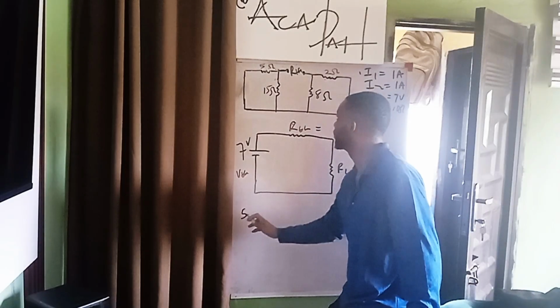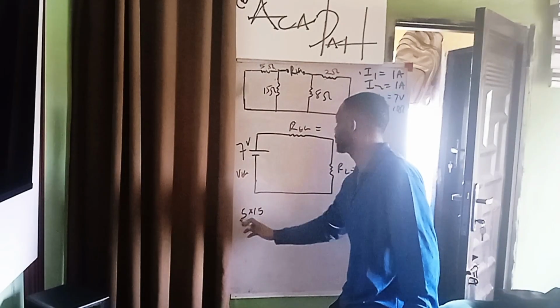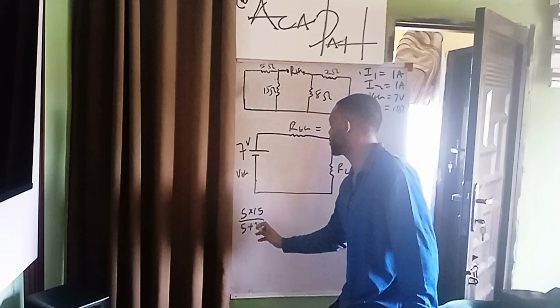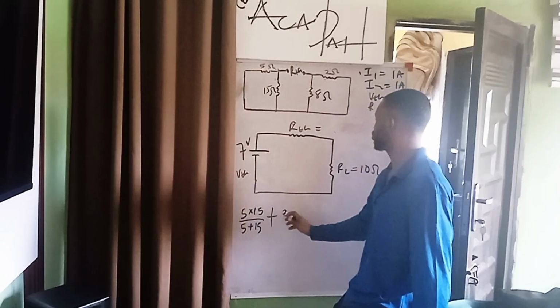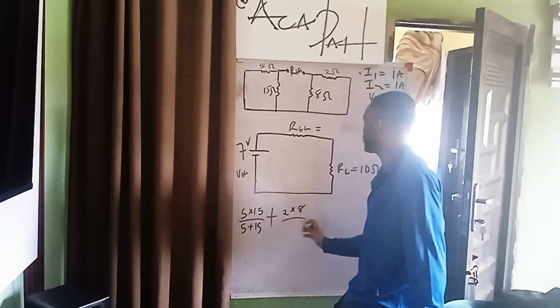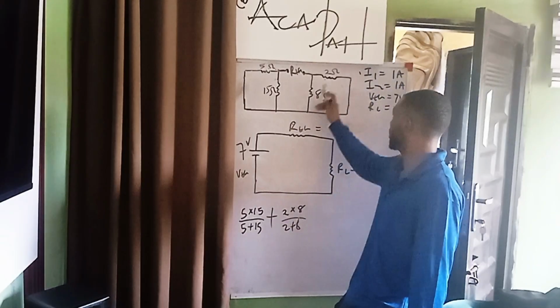So I will say 5 times 15 all over 5 plus 15 is in series with 2 times 8 all over 2 plus 8, because these two are in parallel as well.